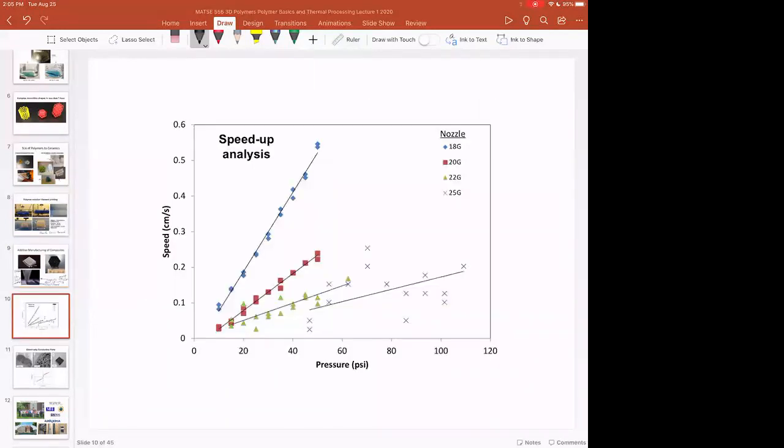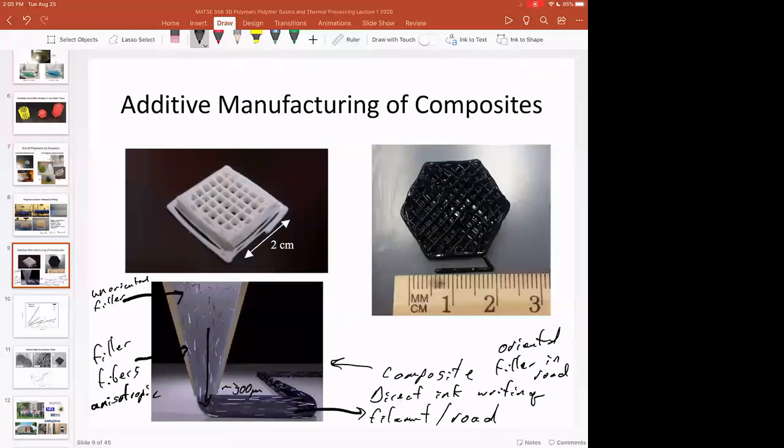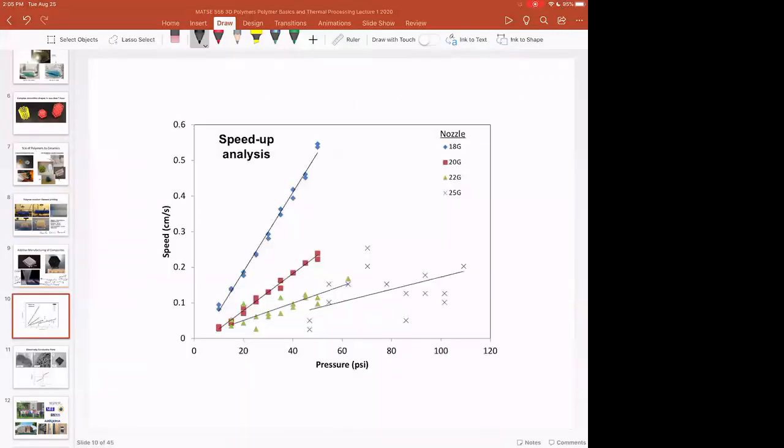All right, so this is just more data. You take a qualitative picture, so you'll see a lot of pictures of parts, but of course we're scientists and engineers, so we need data. This is print speed, and since this is a velocity, this is in linear centimeters per second. So this is basically the road extrusion velocity.